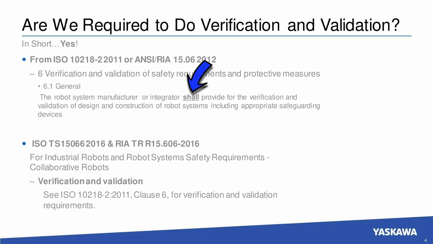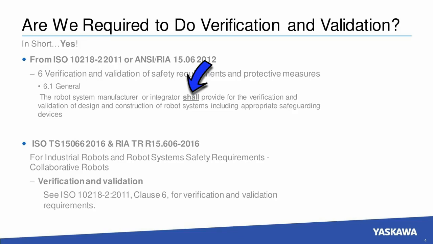So I want to give you another translation here. In standard speak, if you ever come across the word shall, that means it's a hard requirement, and should is a highly suggested act. So you can see here that there isn't any wiggle room in what you're required to do. And remember, by the definition we found in 10218, we're required to provide confirmation by examination and provision of objective evidence.